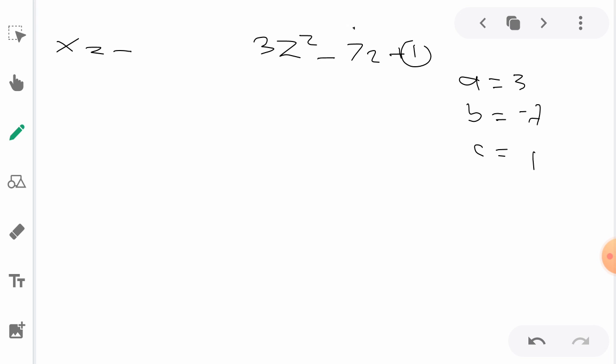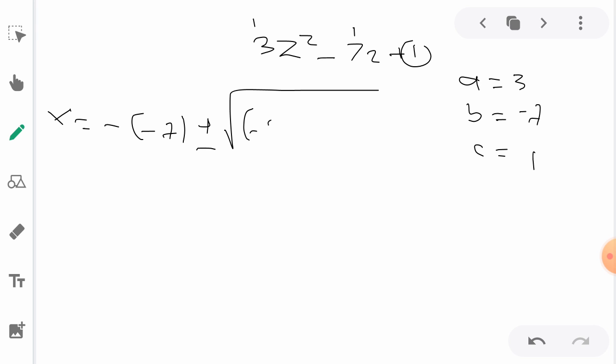So this is our c, this is our b, this is our a. When it comes to replacing, we'll say x is equal to negative, then negative 7 inside, because that's b itself, plus or minus square root of negative 7 squared, that's b squared, minus 4.